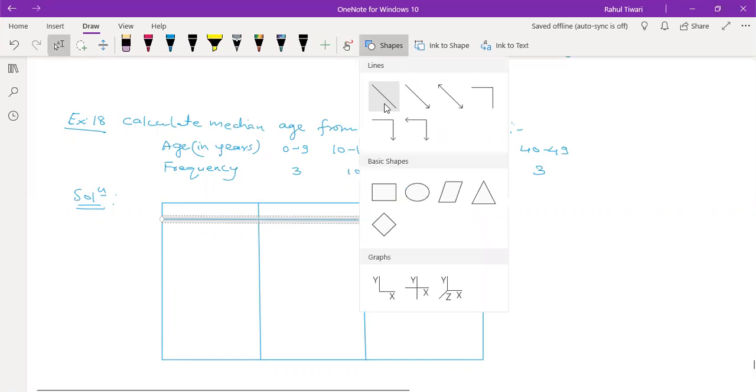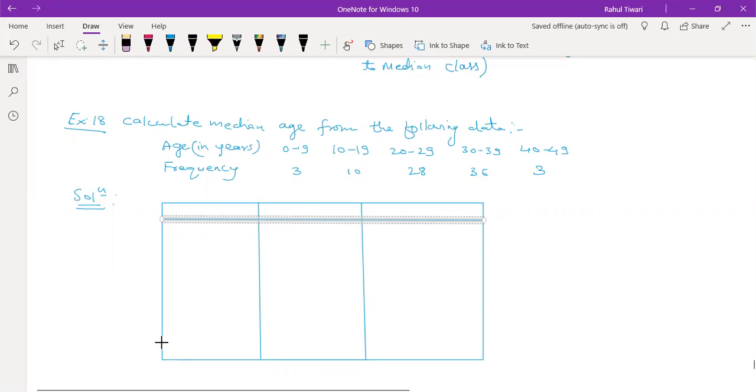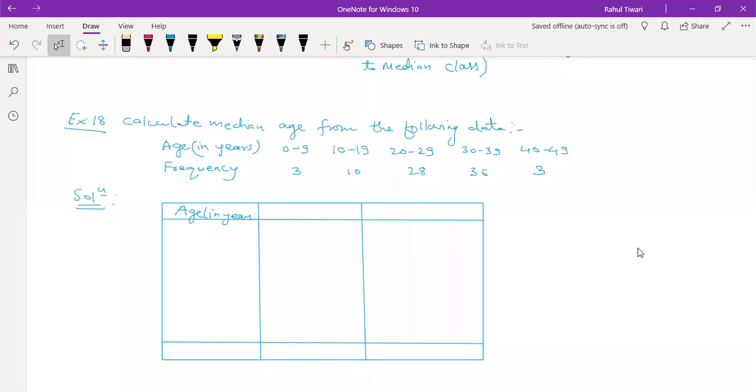Finally we have the last row, which is total. This is what the table looks like. The first column is age, given in years, and here we have the number of persons, which is called frequency, and then we can find the less than type cumulative frequency using that data.